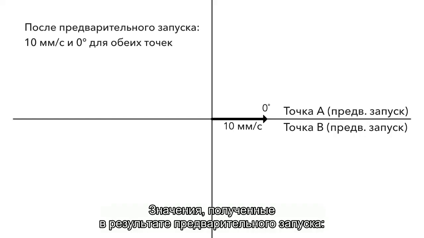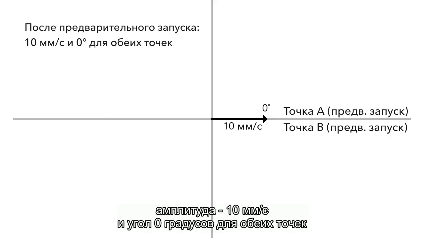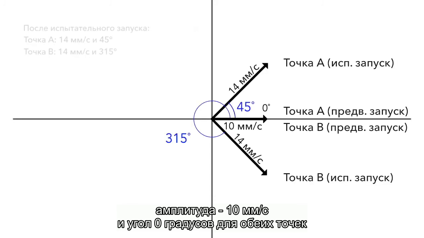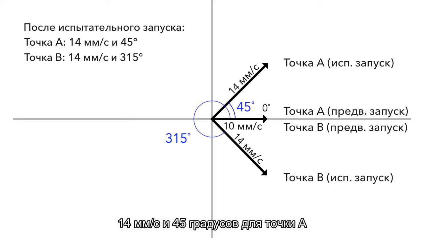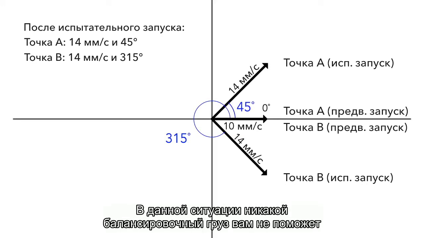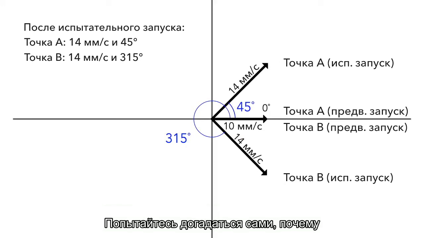The init run values are 10 mm per second amplitude and 0 degrees angle for both points. The trial run values are 14 mm per second and 45 degrees in point A and 14 mm per second and 315 degrees in point B. In this situation, no mass will help you.